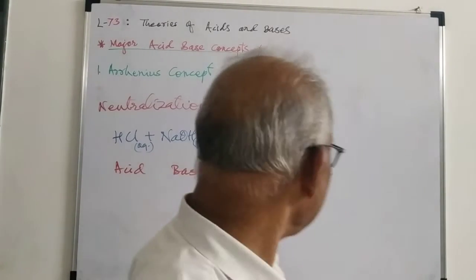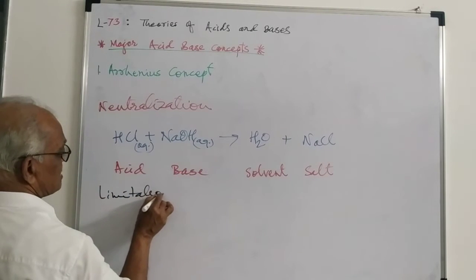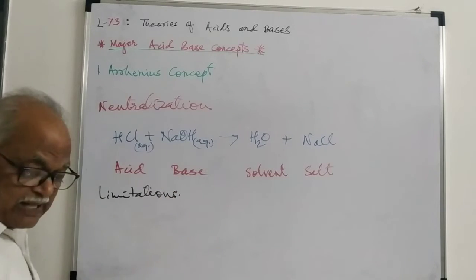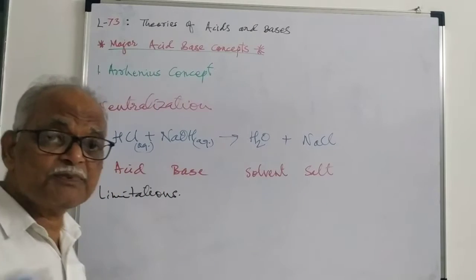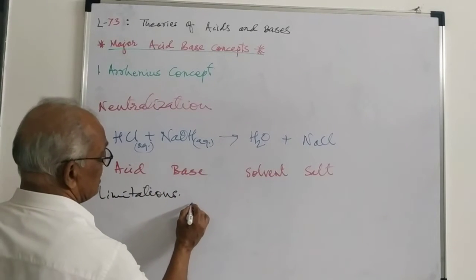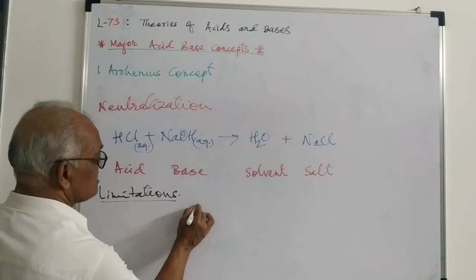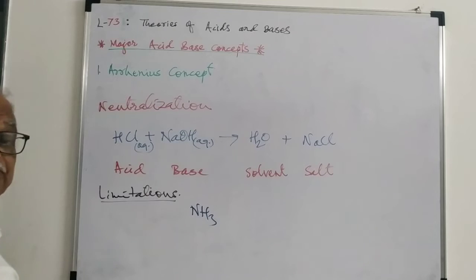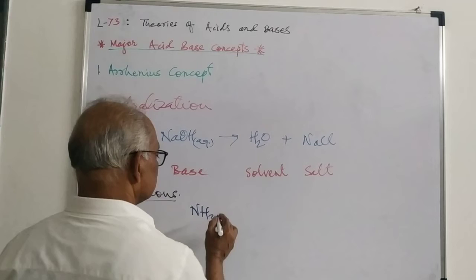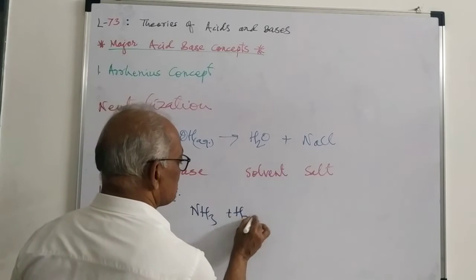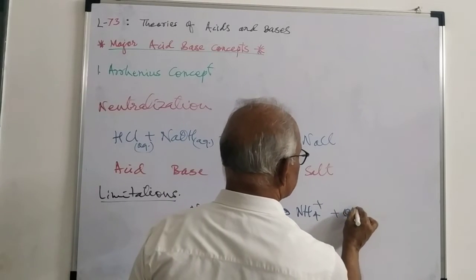This theory also has certain limitations. What are these limitations? For example, consider a substance like NH3. It has no OH minus ion, but when dissolved in water it produces NH4 plus and OH minus.